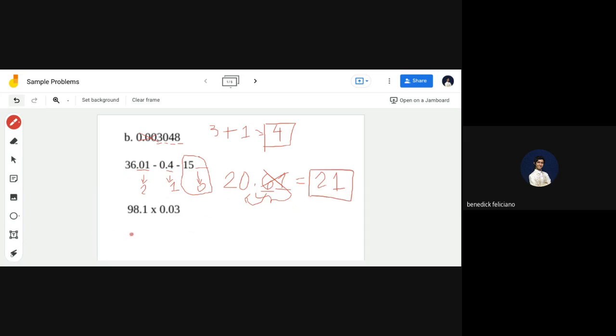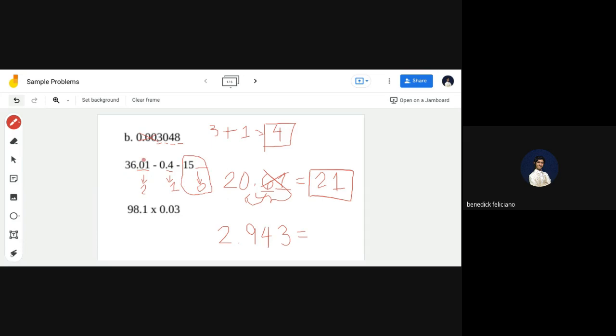Lastly, let us compute 0.03 times 98.1, which is 2.943. How can we identify the correct final answer?